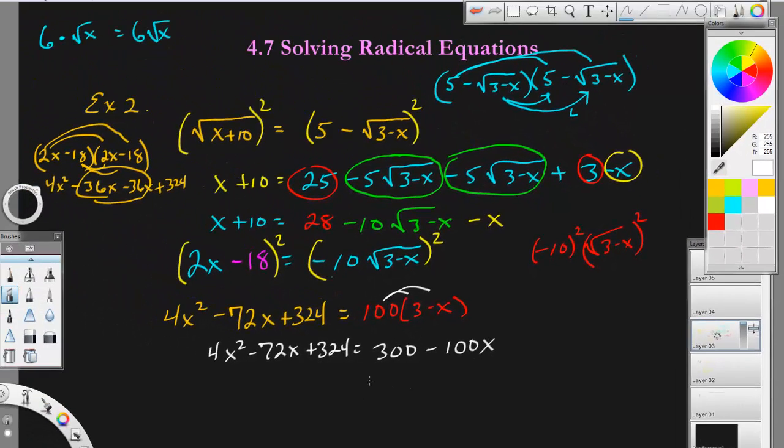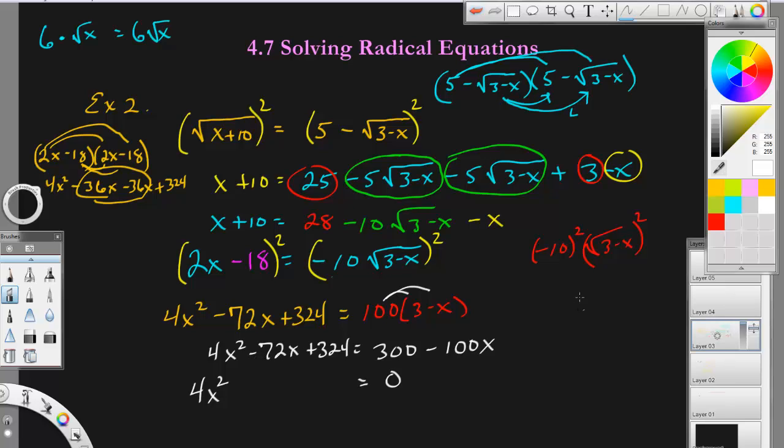Okay? And this is looking more and more quadratic all of a sudden here. I'm going to set this equal to 0. So I'm going to take the 300 over, the negative 100x over, carefully. So I have 4x squared.